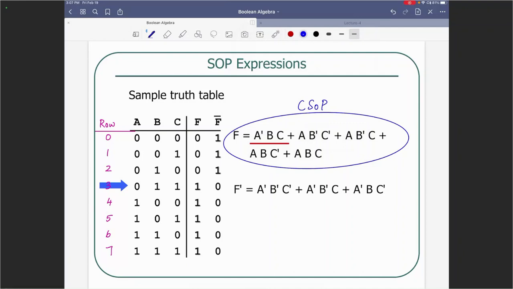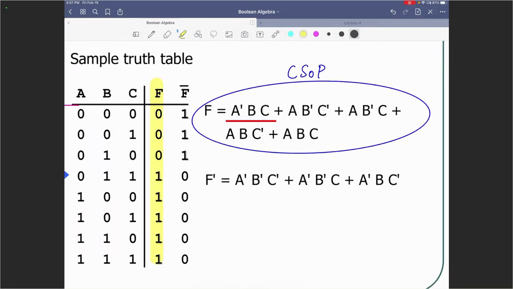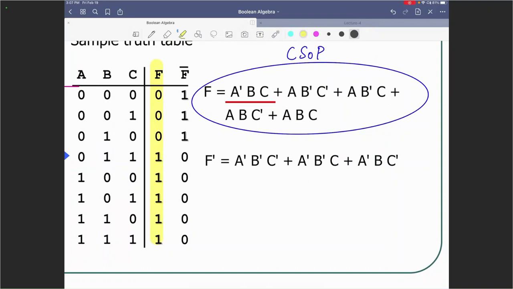Now, the question is, how did I go from the truth table to the logic expression? Well, zoom in on this particular column highlighted in yellow. I am looking at the canonical sum of products, so I'm focusing on where the ones are in F. And it looks like the ones are over here, here, here, here, and here. That's it.